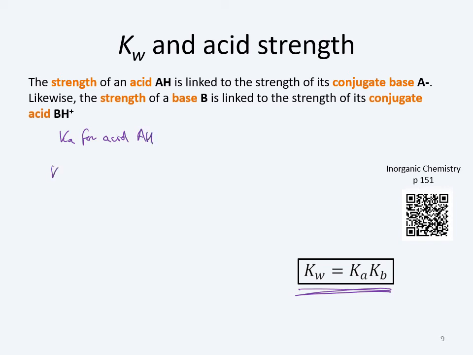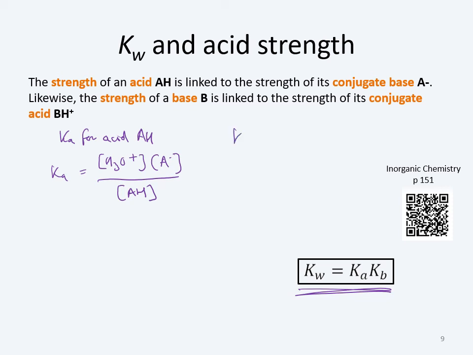Ka is equal to the concentration of H3O+ times the concentration of A- over the concentration of AH. This can be HA or AH; I know I've flipped them around on previous slides, it doesn't matter.